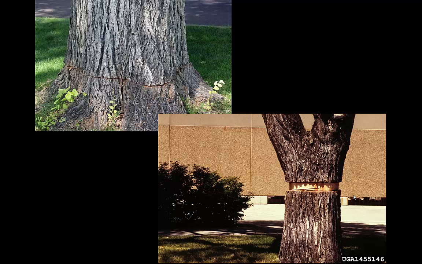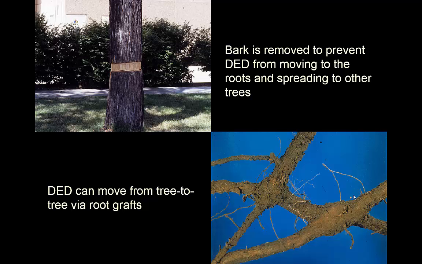As soon as it's detected, some girdling is usually done, and the reason for this is to try to prevent the fungus from moving into the roots. If it hasn't already moved into the roots, then this may prevent the movement to the roots so that you wouldn't get the subsequent root graft transmission.